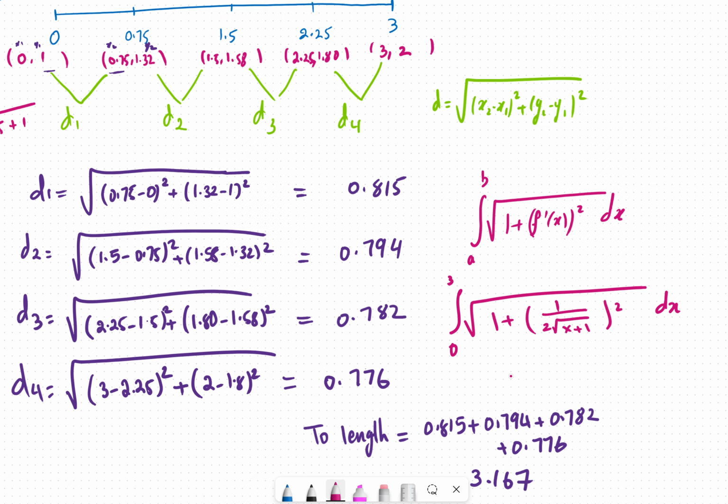So the calculator gave me the exact curve length to be 3.16784. So this is the exact answer and this is our approximate answer, and they came out to be extremely close to each other. That's it.